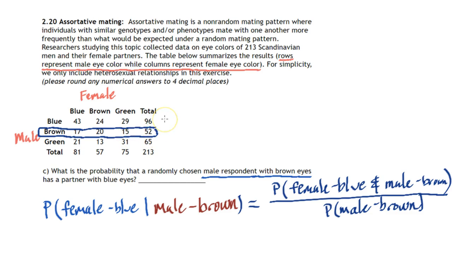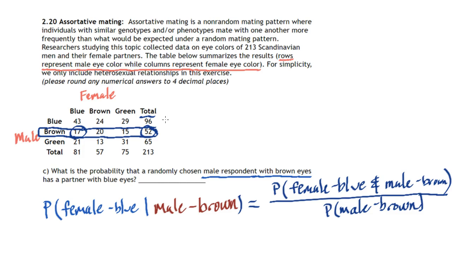We're only looking at this row because we know that we're only looking at males that are brown, and then we want to figure out the probability that their partner has blue eyes. So now you need to look at only females that have blue eyes, which would be right here. And our total is the 52 because we're conditioning that the male has brown eyes.